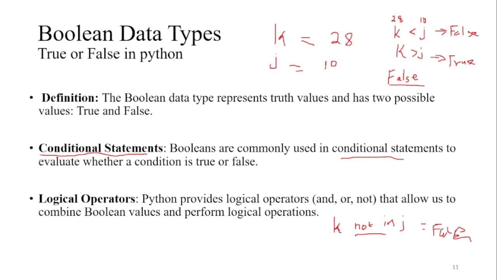So far we've discussed 5 different data types. We've discussed the integer data type, which does not have a fractional part. We've discussed the float data type, which does have a fractional part. We discussed the complex data type, which has 2 parts, the imaginary part and the real part.